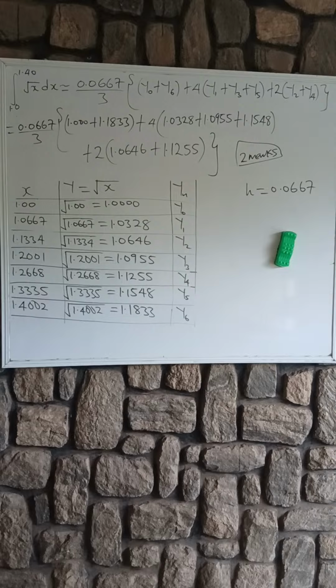Make sure you are using what is inside the bracket after summation to multiply 0.0667. Then divide it by 3. So I don't think you have that. Are you sure? One minute more. Take your time and do it.